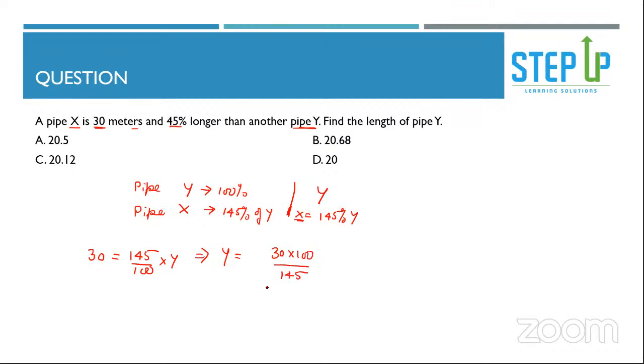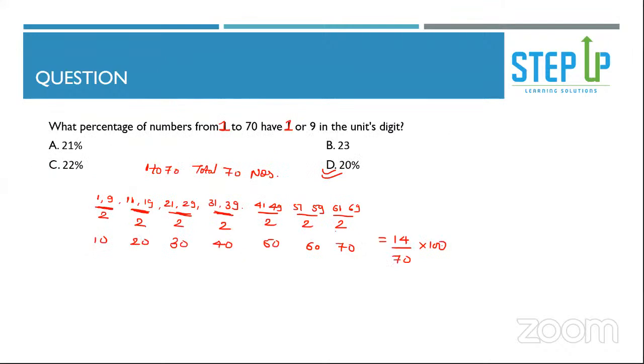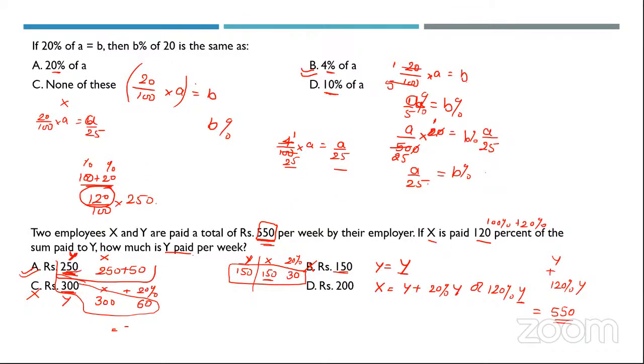All right. Any doubts so far? Like the very first question. Like this one. X is paid 120% of the sum paid to Y. So X is 120% of Y, which we have sorted out as 100 plus 20.